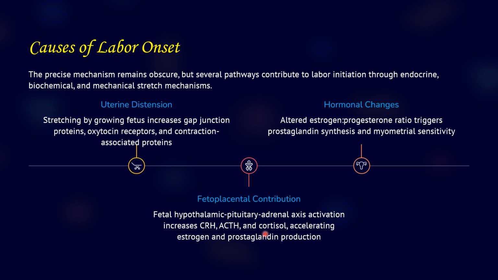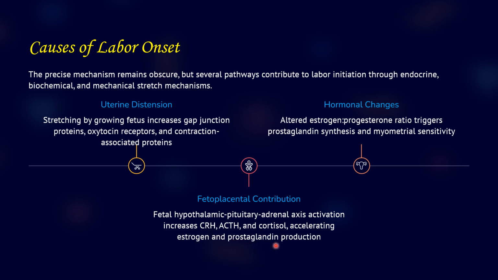Now this adrenal gland produces corticosteroids. This corticosteroid is the cause of altering the estrogen and progesterone levels. Due to the alteration in progesterone and estrogen, there is a production of prostaglandin.